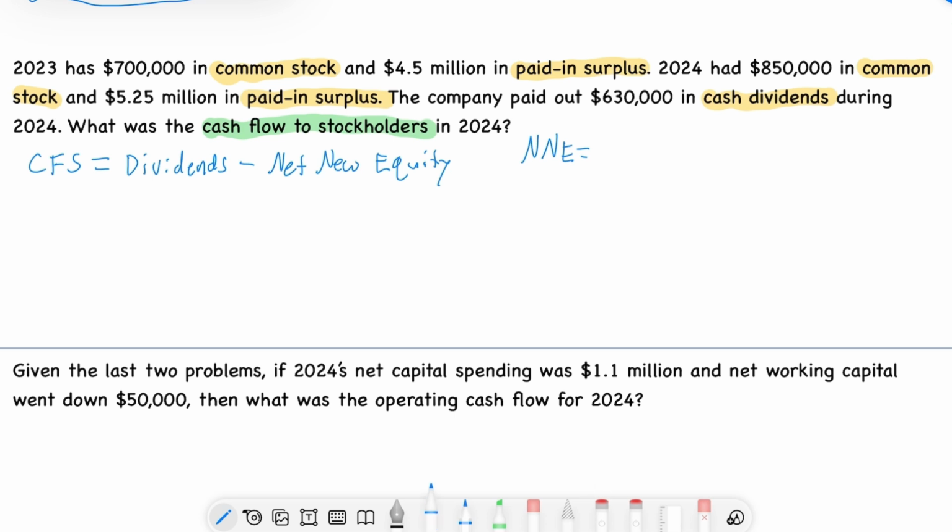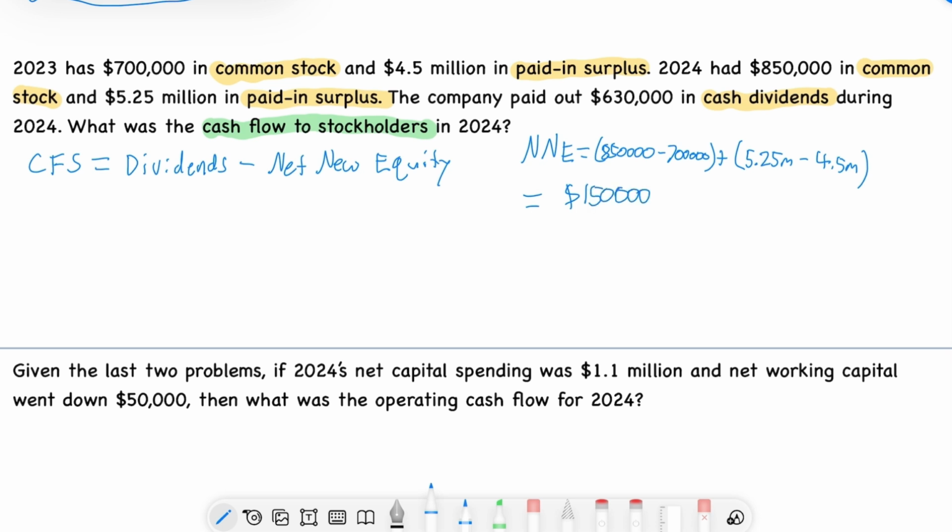We're going to do 850,000 minus 700,000 plus 5.25 million minus 4.5 million. If we work this out, $850,000 minus 700,000 is $150,000.